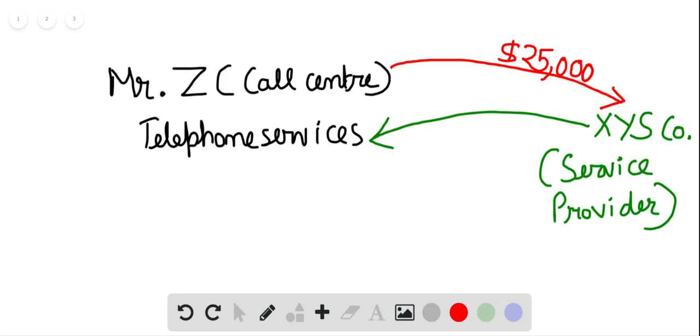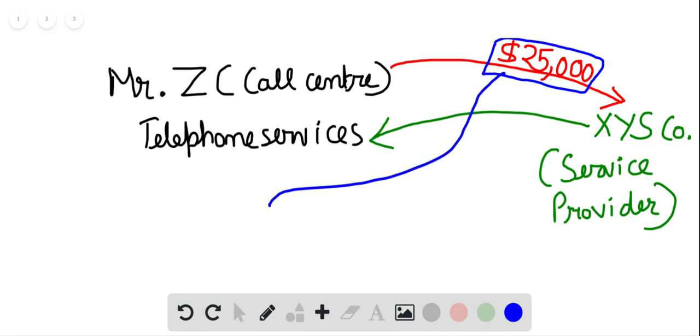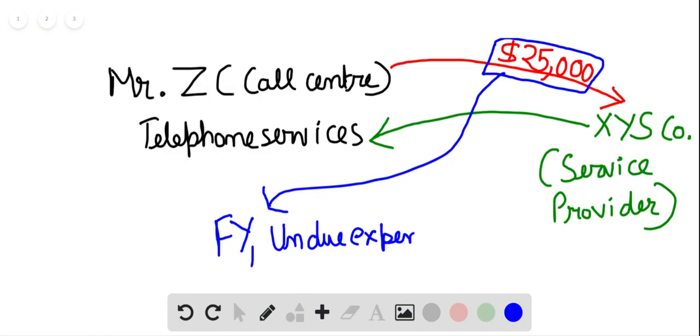Now what happens? This $25,000 will be considered as undue expenses in current financial year. So please relate this financial year 1 to current financial year.